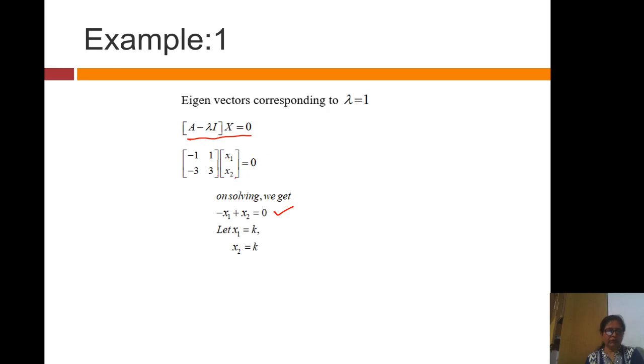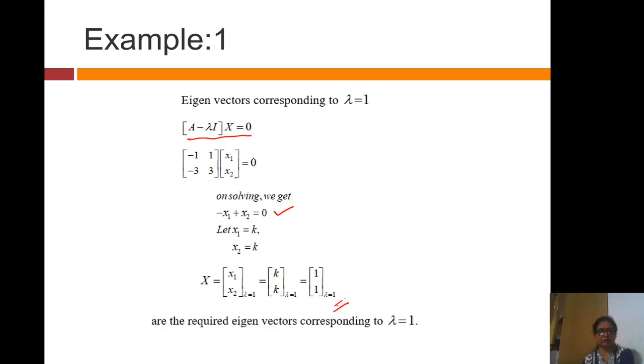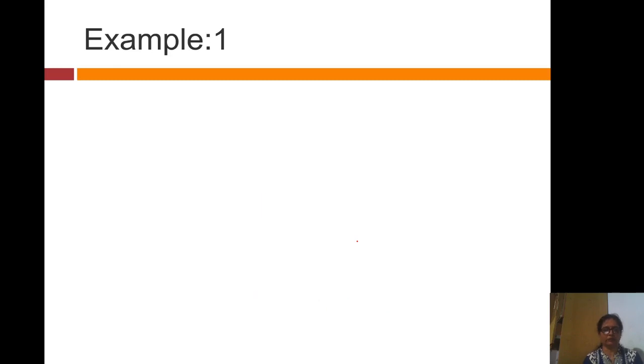If we divide by 3, we get only one equation, so these two equations are the same. We consider this equation, substitute x1 equal to k, and find x2, which is k again. Therefore we write the x1, x2 values in terms of k, divide by k, and get the eigenvector corresponding to lambda equal to 1. This is the first eigenvector.